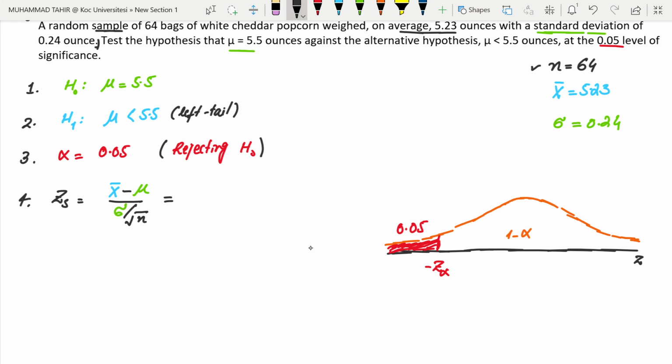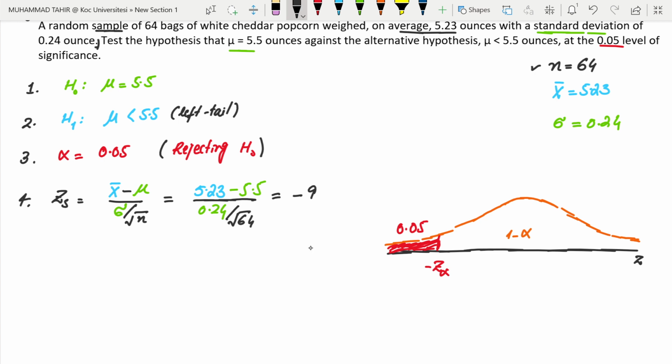Just place the values: 5.23 minus 5.5 divided by sigma, which is 0.24, divided by the square root of the sample size, 64. By putting all of this in, the Z sample I get is minus 9.